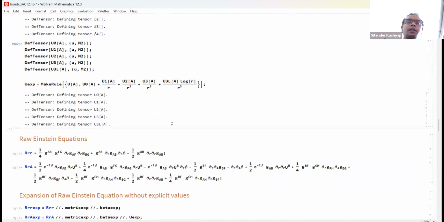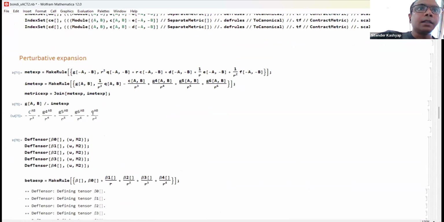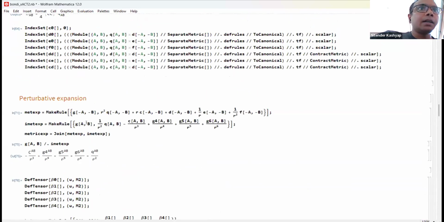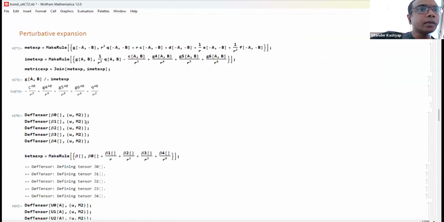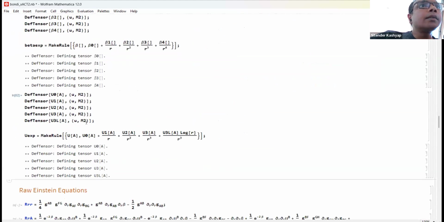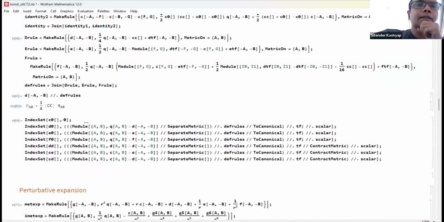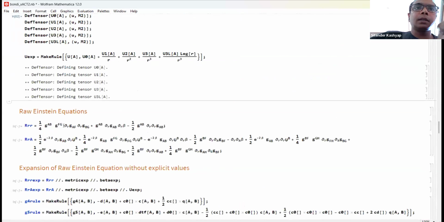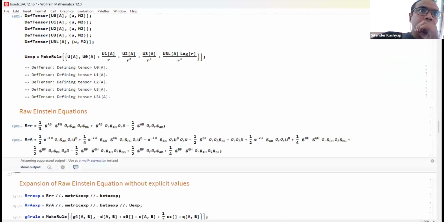Now, having expanded all the fields, the U's, the betas, the metric, and the V, we will not require V in this lecture. So the point is the first equation that we have to solve in the Bondi hierarchy is this RR equation, as I mentioned, and the second equation is at RRA. So this is the expression for the Ricci tensor.